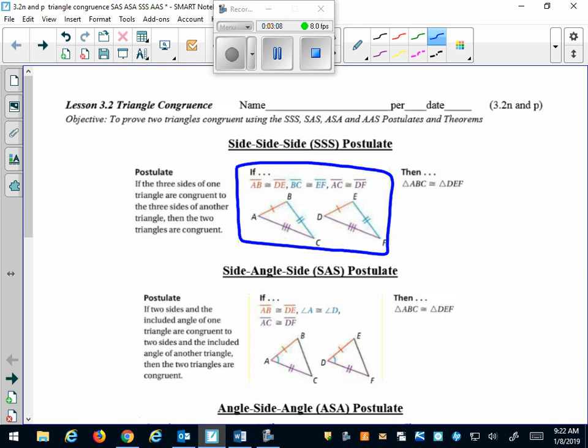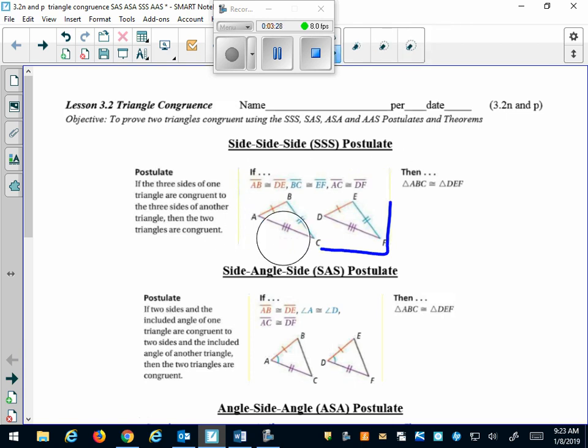But today, we're going to take a shortcut. Because with triangles, since there's only 3 sides, there's only certain possibilities that can happen. So we have these postulates that basically are shortcuts. And this first shortcut is called the side-side-side postulate, SSS.